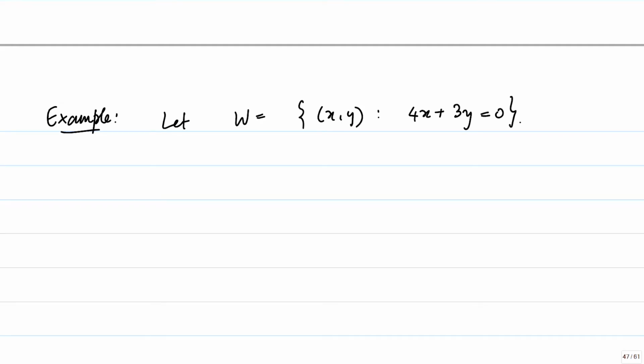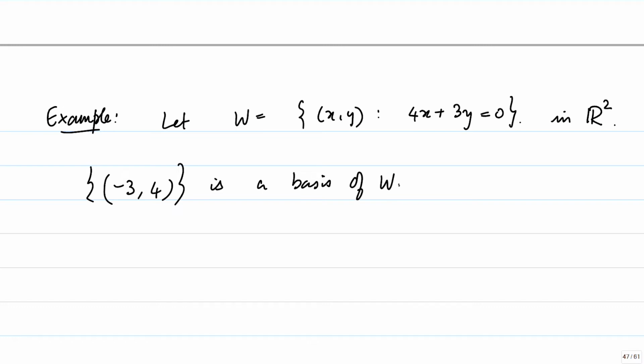So, this is going to be a one dimensional subspace in R2, and we can get hold of some basis. Let us see, minus 3, 4 is a basis of w.